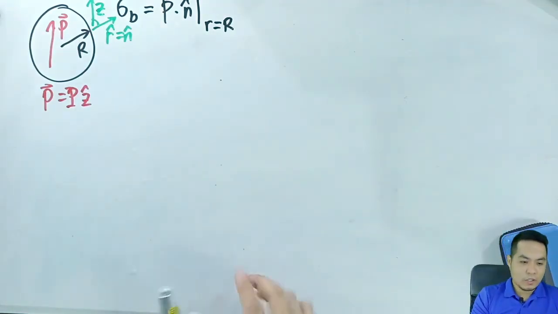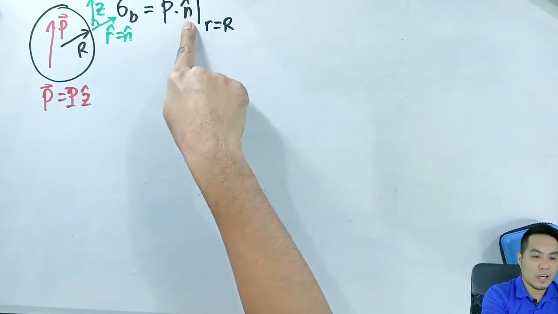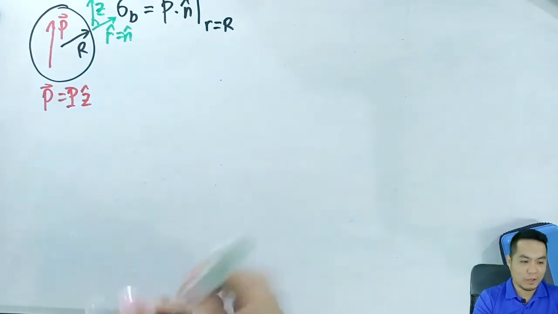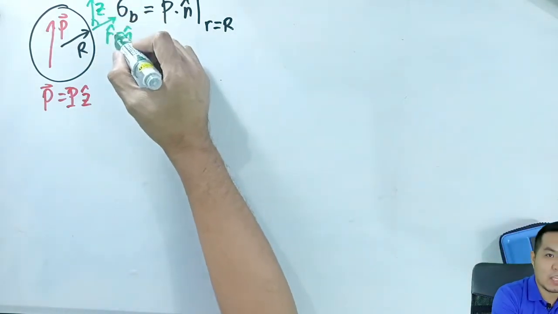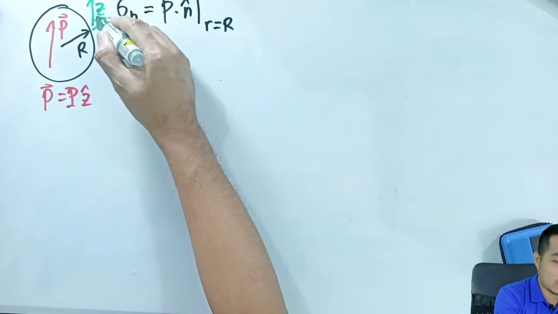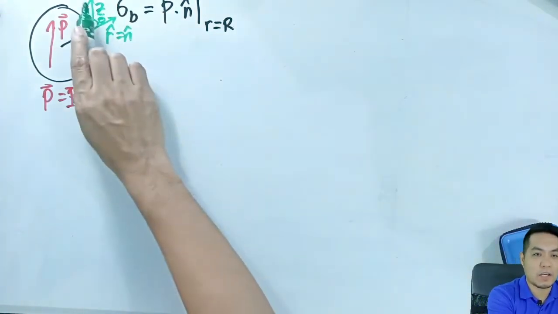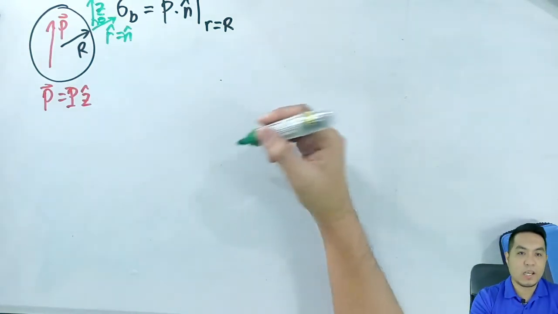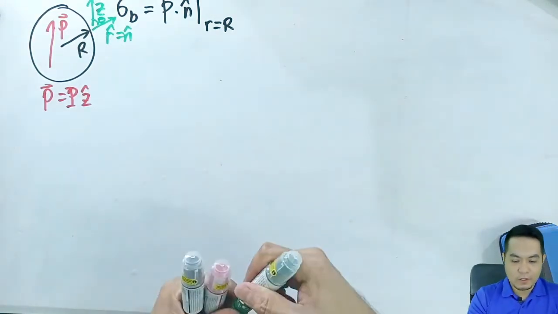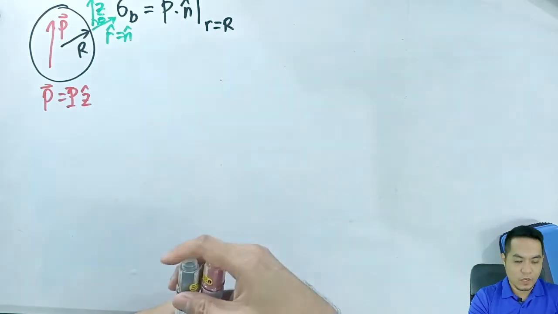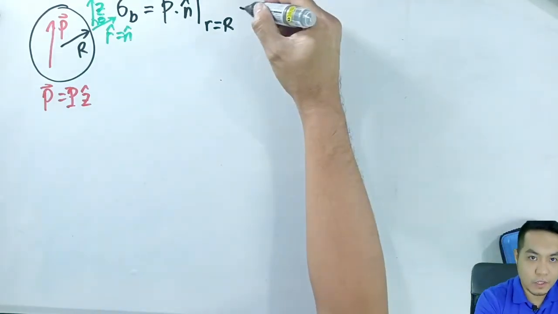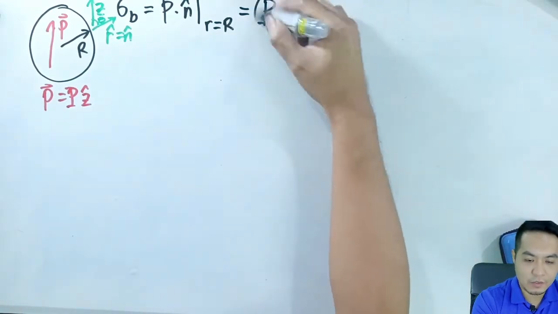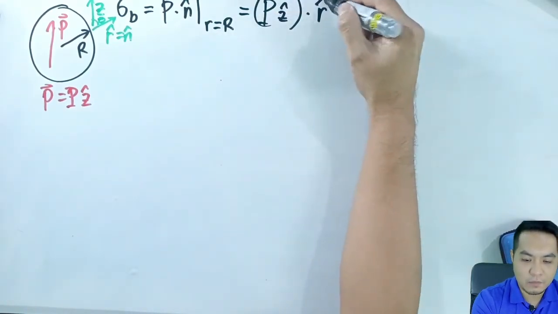So p dot n hat, where n hat is our r hat, what will that give us? The angle between the z-axis and the r-axis is theta. Theta, the polar angle, is measured from the z-axis. So we basically have p z hat dotted with r hat.